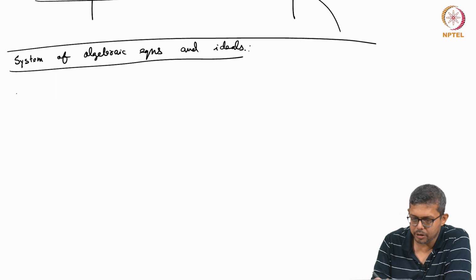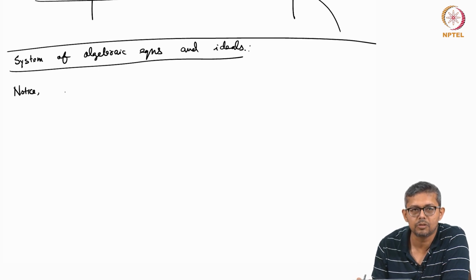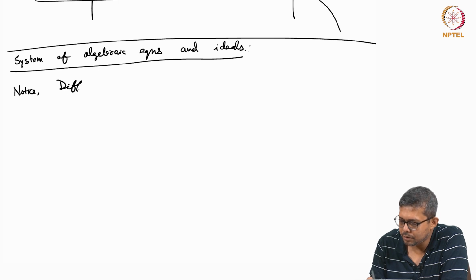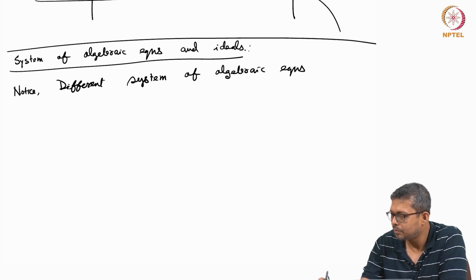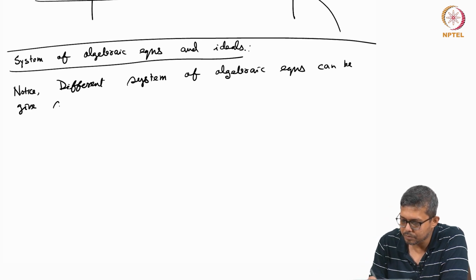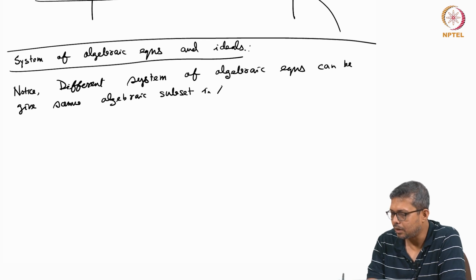First of all, notice that different systems of algebraic equations can give you the same set of solutions. Different systems of algebraic equations can give the same algebraic subset in A^n(K).